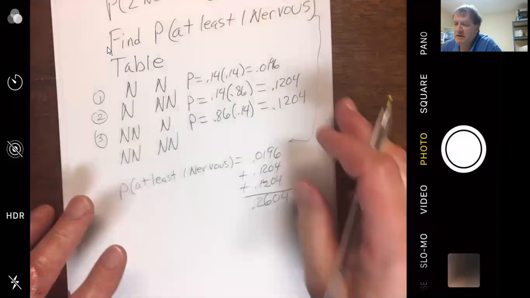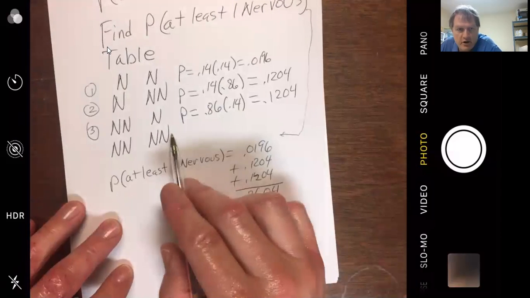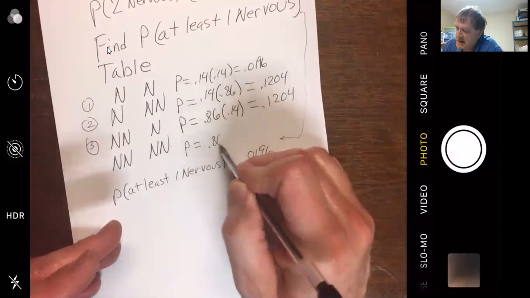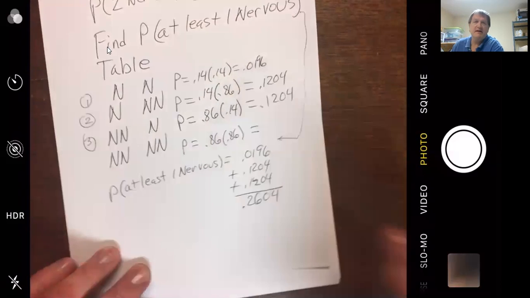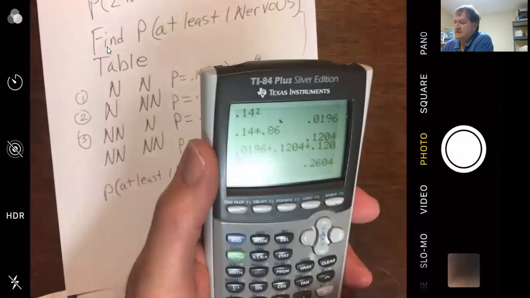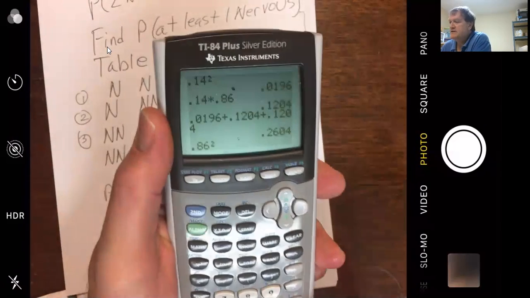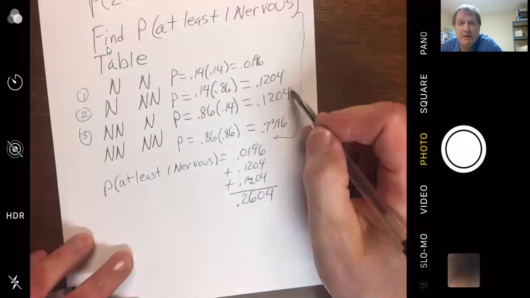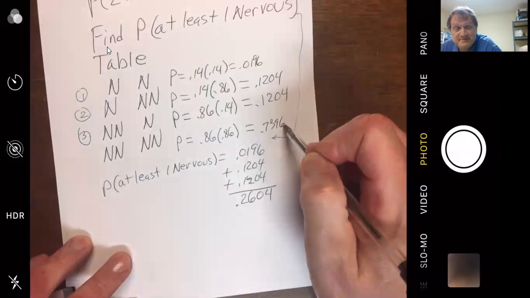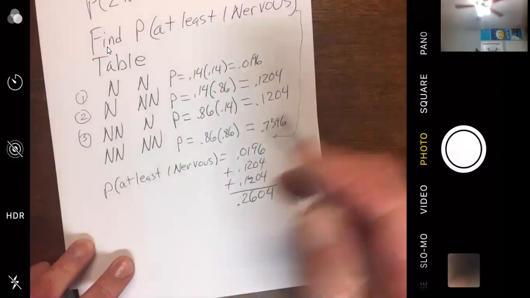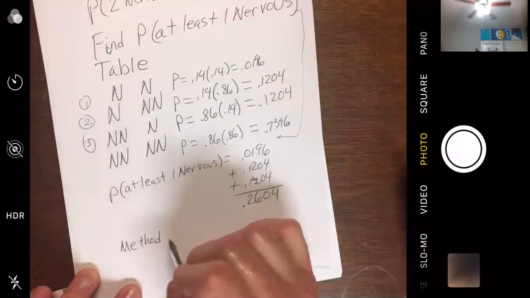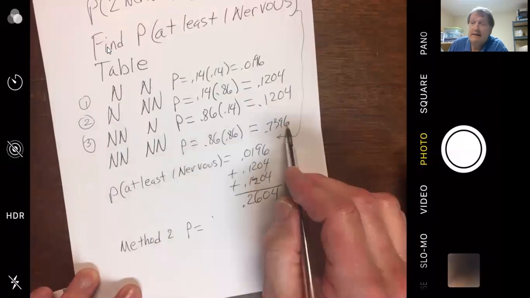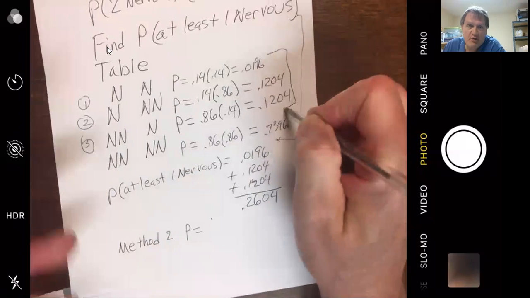If you wanted to slick it up a little bit, you could have figured row four here. But they didn't tell you to do that. That's your 0.86 times 0.86. 0.86 squared, 0.7396. And then you could have done it as a complement by subtracting this from 1. You wanted all, see, I just did all three rows directly.